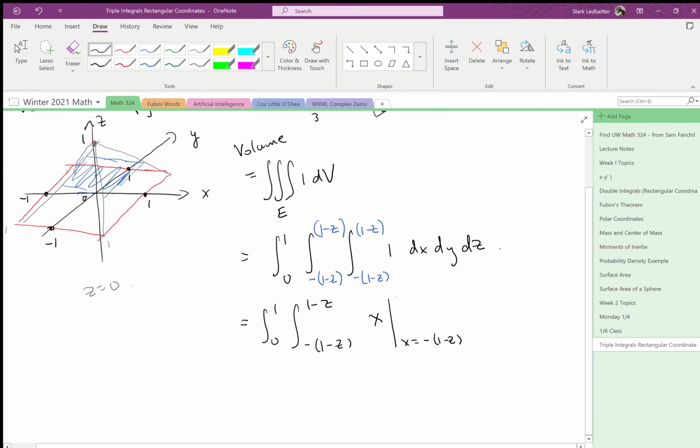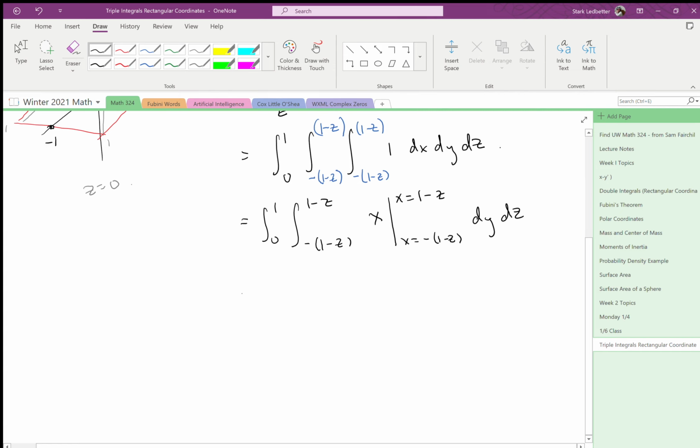You don't have to write the x equals if you don't want to. I think it's a little bit clearer, especially your first couple times, if you do. Okay, we have to plug in the bounds. This is going to be 1 minus z minus negative 1 minus z, so basically we'll get a factor of 2 there. dy, dz.